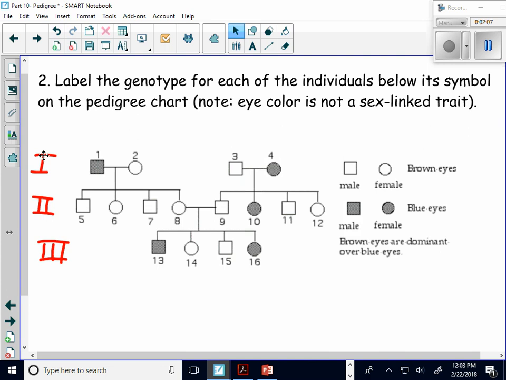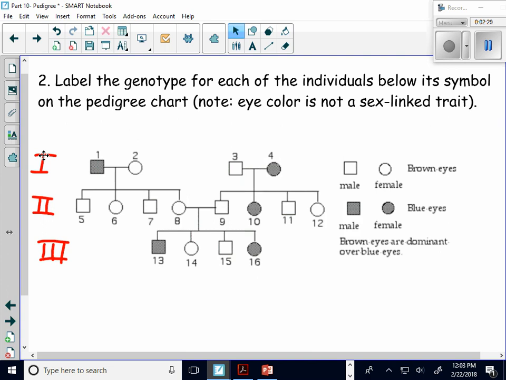Now, looking at this, their youngest kid, number 8, married 3 and 4's oldest kid, right? How many kids did 3 and 4 have? 4 kids. Okay. How many boys?